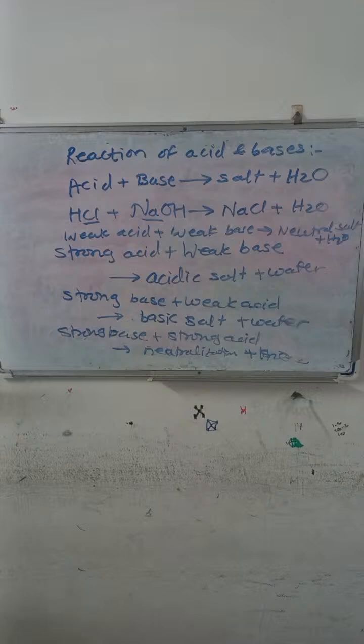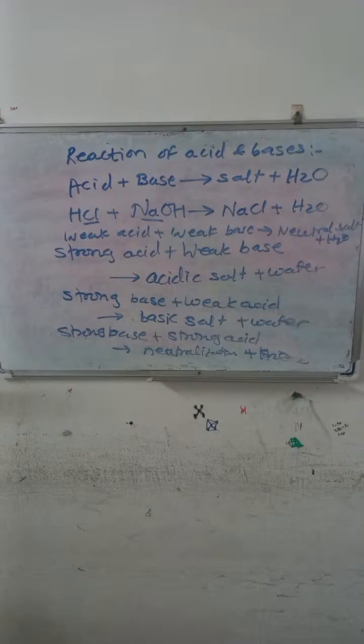We use different salts in our life as well as in industries. In the textbook we have the pH scale. The scale measures the H plus ion concentration in the solution, and P stands for potenz, a German word which means power. pH exactly 7 is a neutral solution.